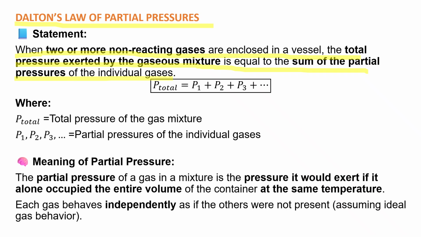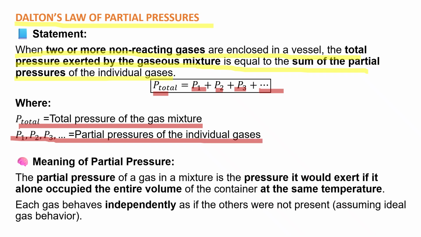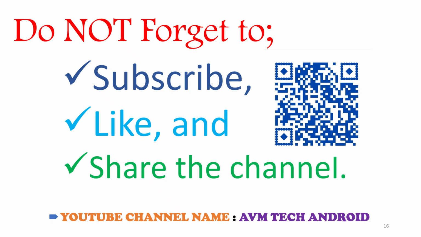That is, the total pressure equals pressure of gas 1 plus pressure of gas 2 plus pressure of gas 3 and so on, where P total is the total pressure of the gas mixture, whereas P1, P2, P3 are the partial pressures of individual gases. The meaning of partial pressure is known to you, even though for more clarity it is mentioned here. If you want, you can go through it, and hence all the important gas laws are discussed.